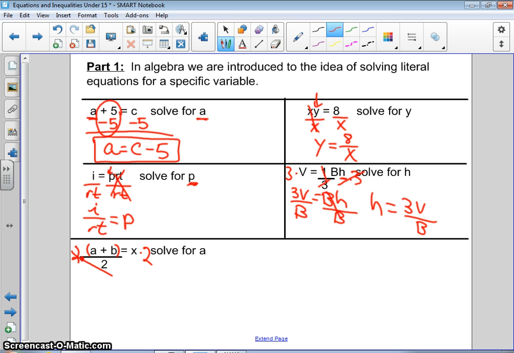That all cancels out. So now we just have A plus B. And then x times 2 is 2x. We're still trying to get A by itself, so we've got to get rid of the B. The opposite of adding B is to subtract B. And so our final answer is going to be A is equal to 2x minus B.